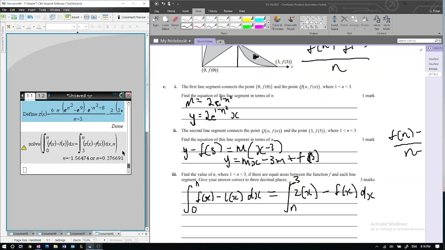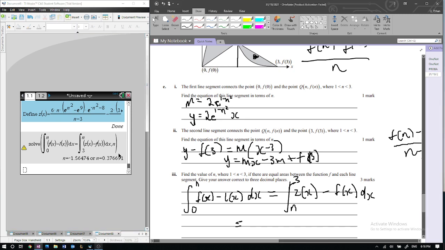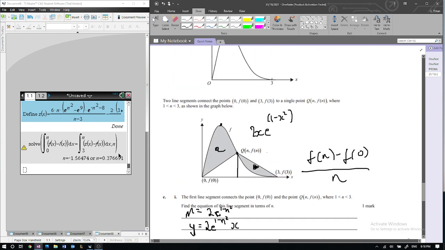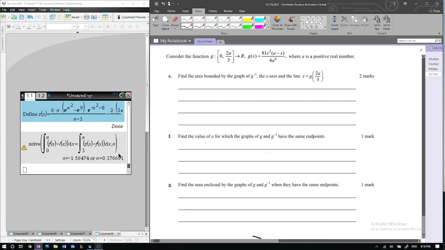This is what you're meant to do. So let's just leave it, I guess. But you guys can see it's just saying area of this is equal to area of that, and that's pretty straightforward. So moving on.